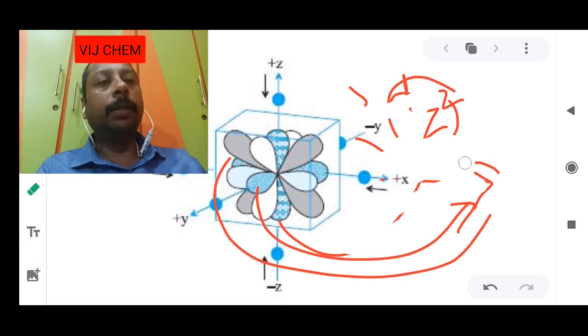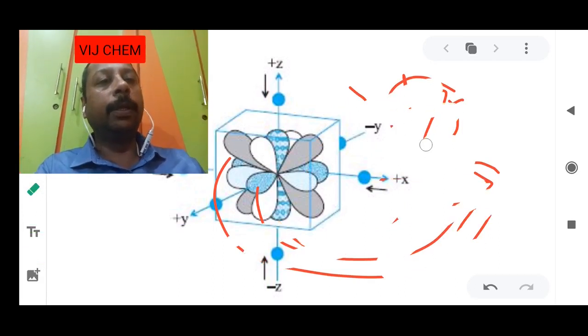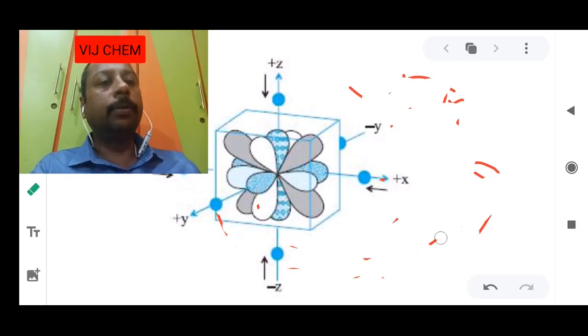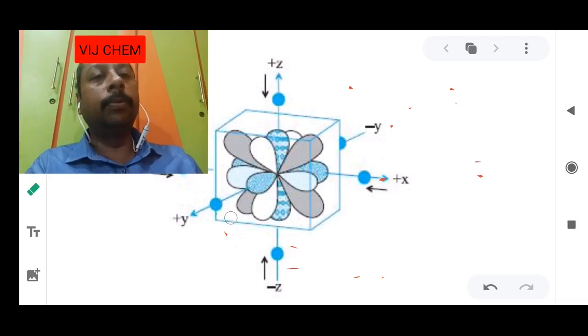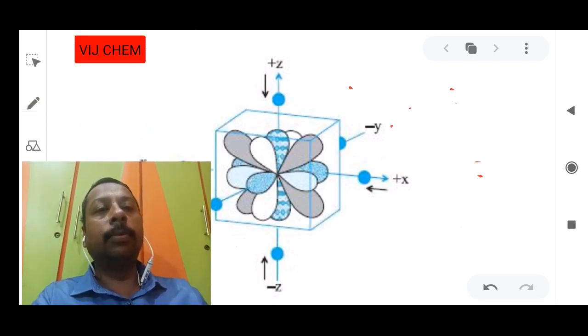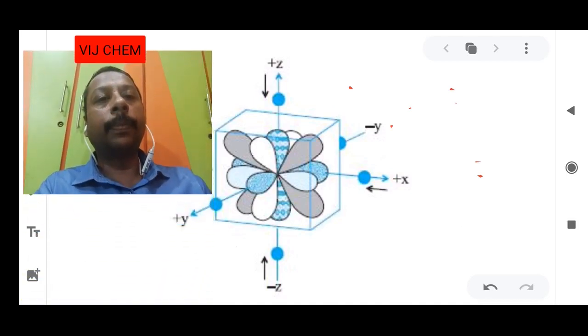Now these orbitals are placed in which field? They are placed in the octahedral field. So when they are placed in the octahedral field, how many ligands will approach? Total 6 ligands will approach. I have made a diagram through blue color circles.